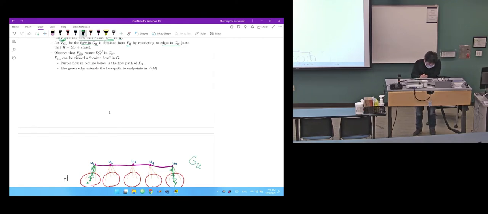Observe that this F_GU routes some demand in G_U. What is the demand that it routes? It's going to be just the projection of D_diff onto the contracted graph, right? Does it make sense?